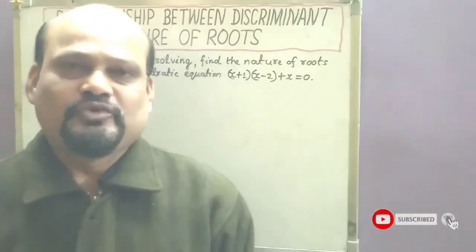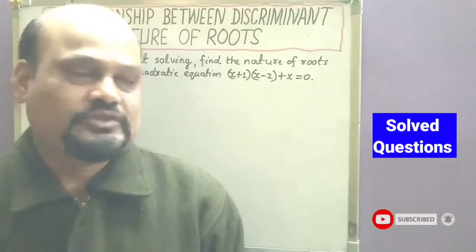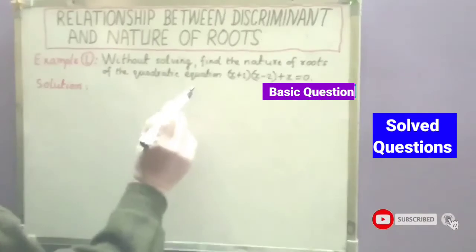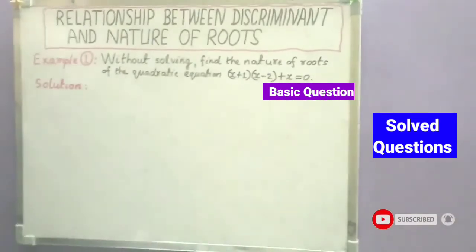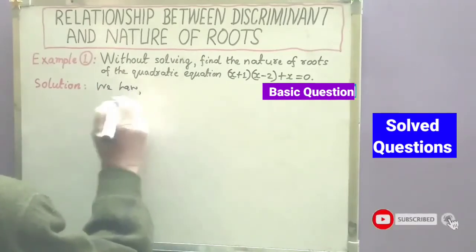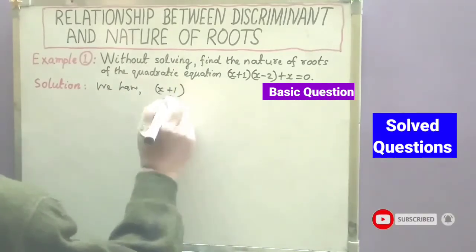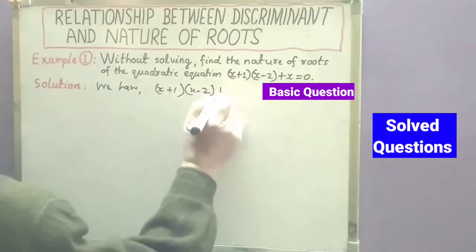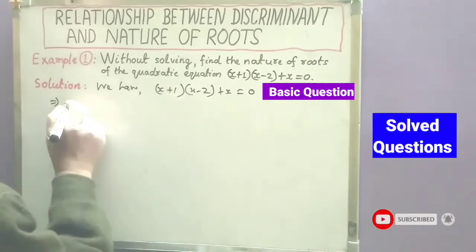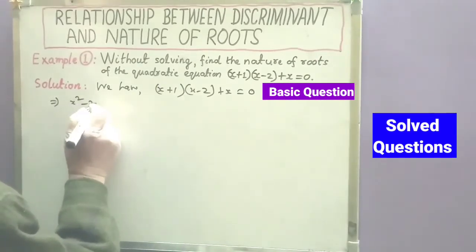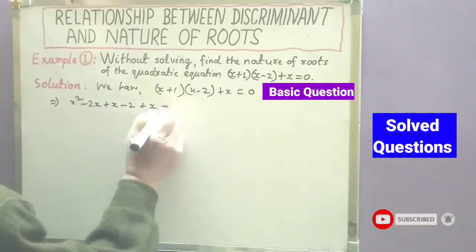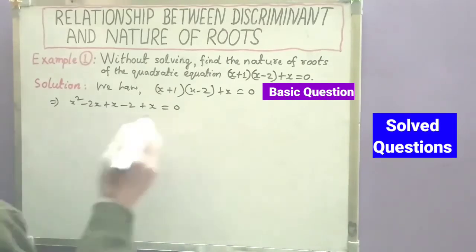Let's solve some questions based on this concept. Example 1. Without solving, find the nature of roots of the equation (x plus 1)(x minus 2) plus x equal to 0. Let's solve this question. Opening the brackets, we get x square minus 2x plus x minus 2 plus x equal to 0.